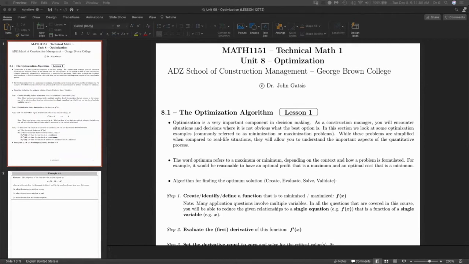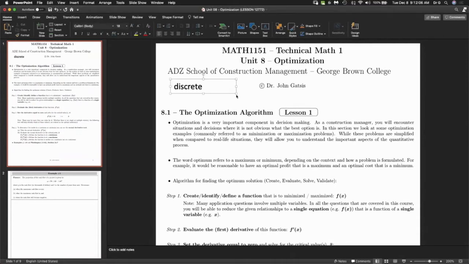Some things are called discrete quantities. Discrete refers to having something where there are only specific values that are possible. For example, what is the optimal number of days that I should go to work? Well, people have studied this, right? And some people say it should be a 4-day work week or a 5-day work week.